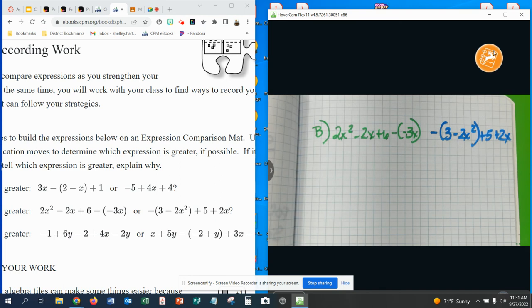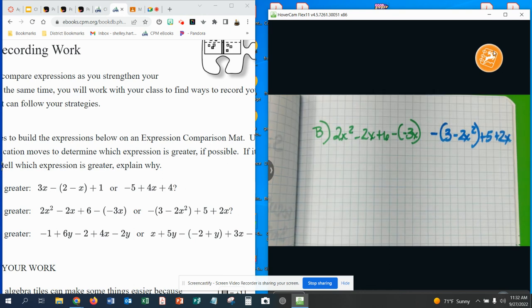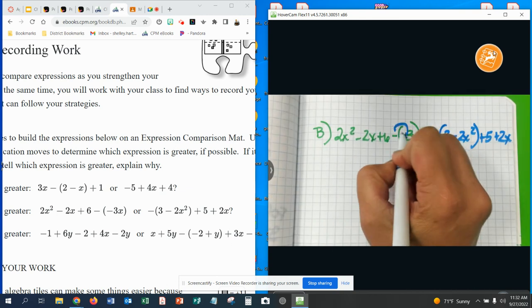What is the first thing I'm going to need to do? Yeah, Prez. Yes, we're going to simplify, but what is happening with this? Lucas, is a negative and a negative? Yeah, so we're going to distribute the negative so it becomes a positive.